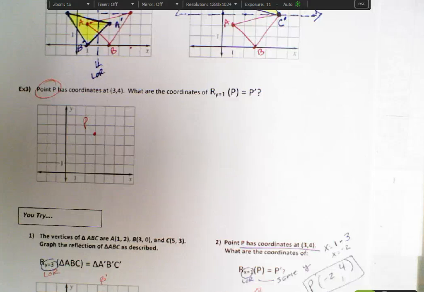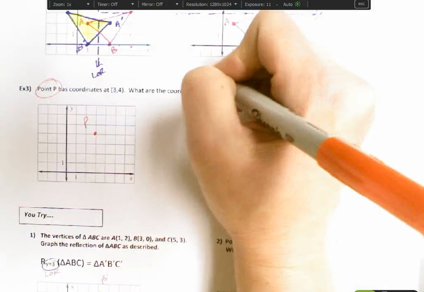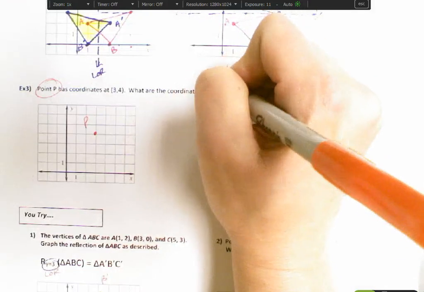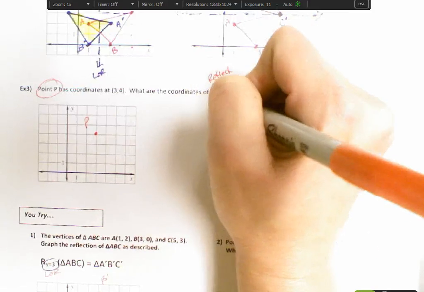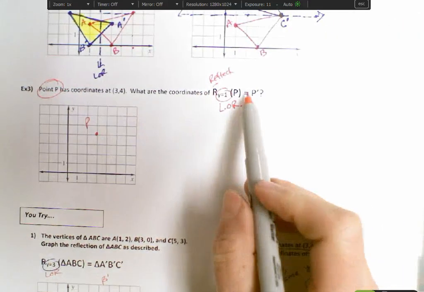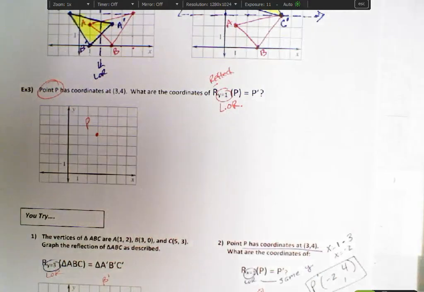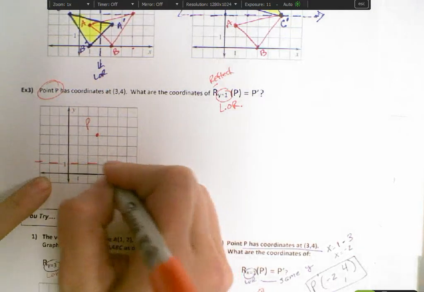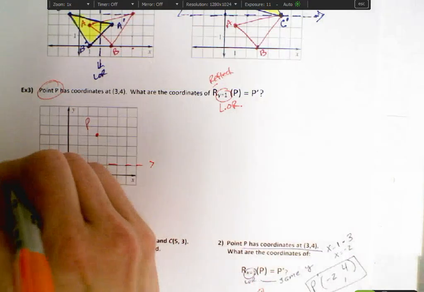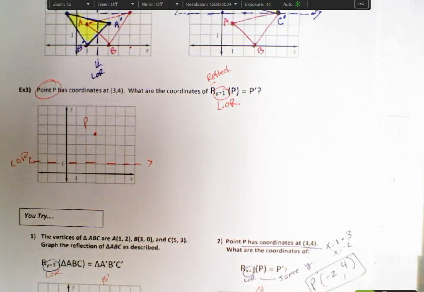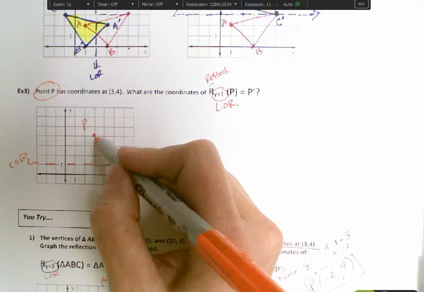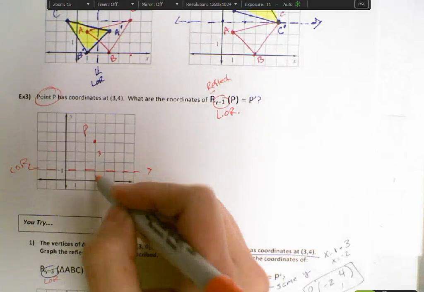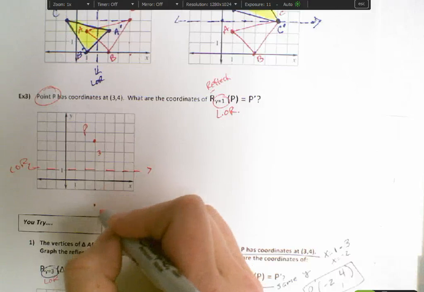But it's asking me what are the coordinates of a R, which is reflect, y equals 1, that's my line of reflection, of the point P such that I get P prime. So if my line of reflection happens to be y equals 1, which means it's a horizontal line, here, I could graph it. I need 1, 2, 3 above, so 1, 2, 3 below would give me my reflected point.